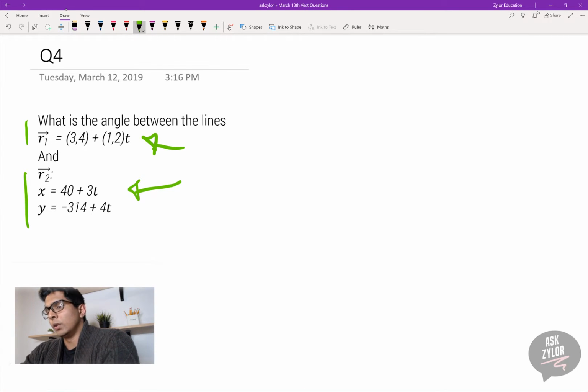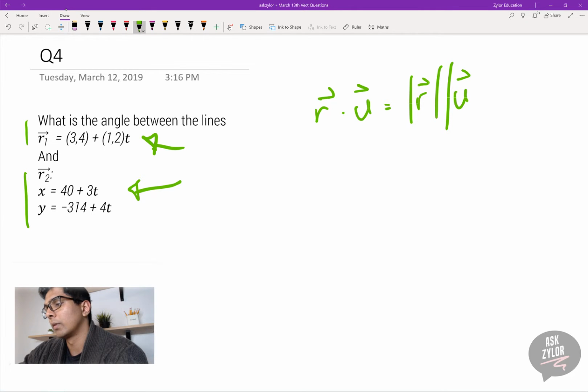So from the previous unit, you might remember that a dot product between two vectors, so if I have R and U, it's equal to the magnitudes of these vectors multiplied by the cos of the angle between the two vectors.